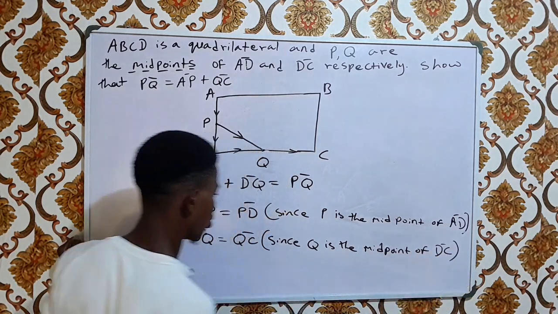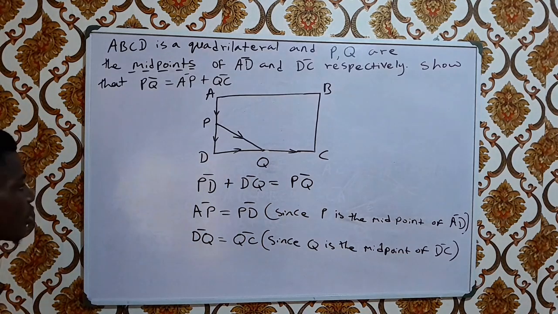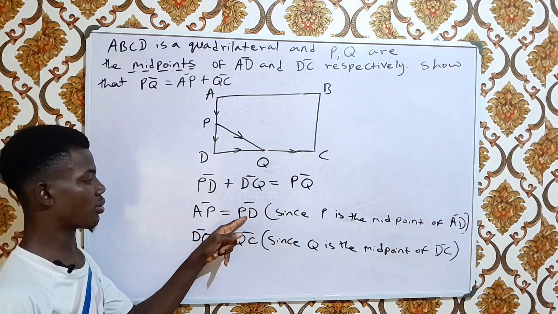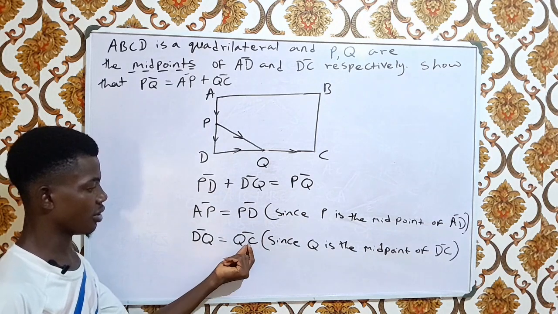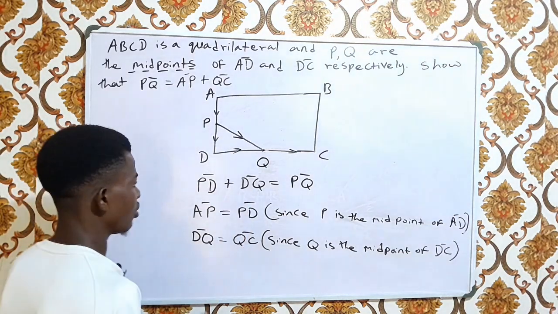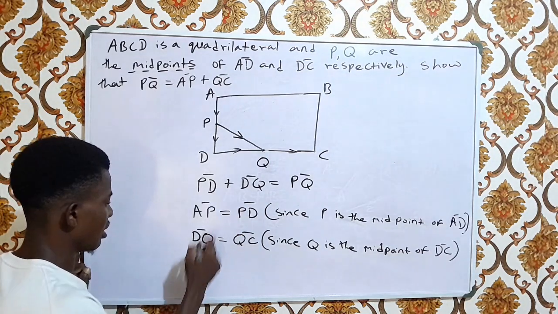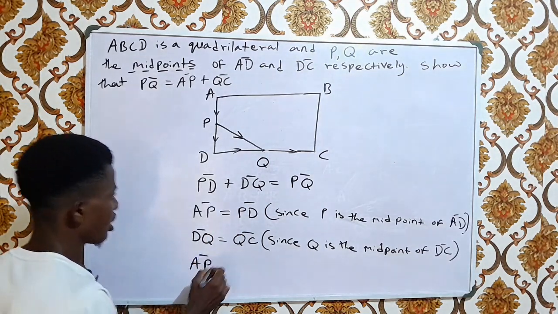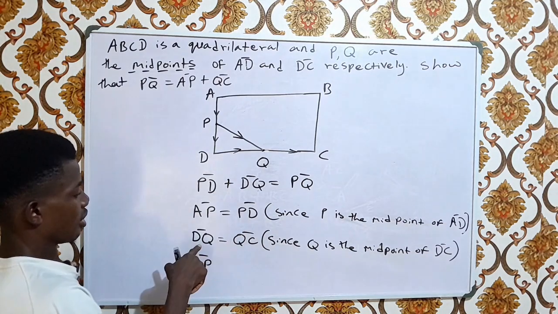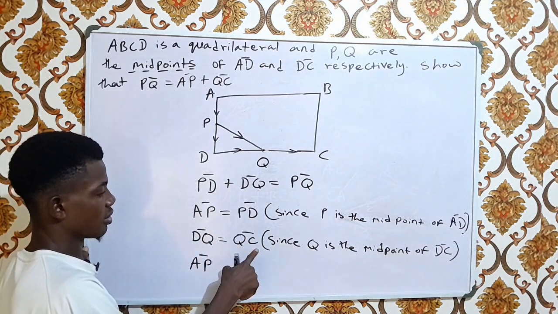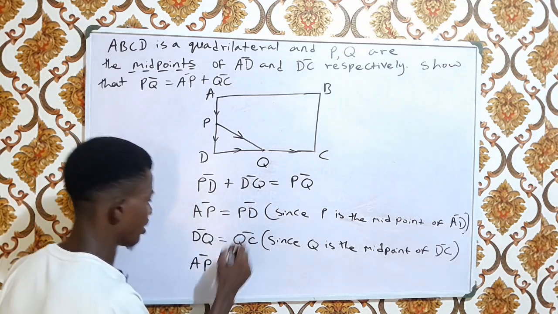You can see, if AP is equal to PD and DQ is equal to QC, we can now say that if this is this, we can represent this with this. We now have AP here. Since QD is equal to QC, we can use this to represent this.